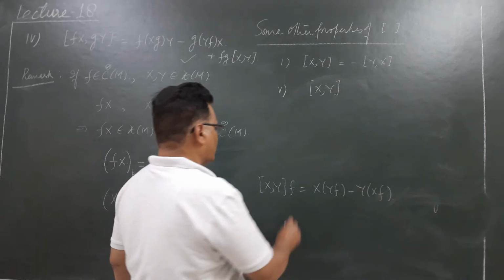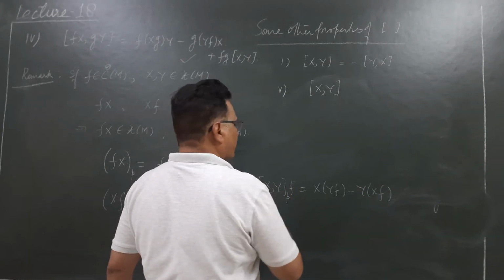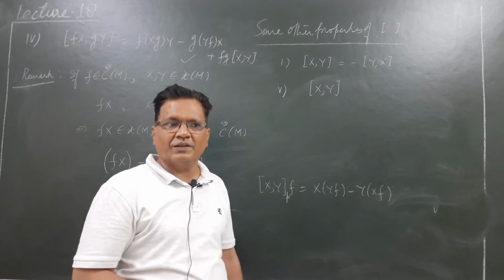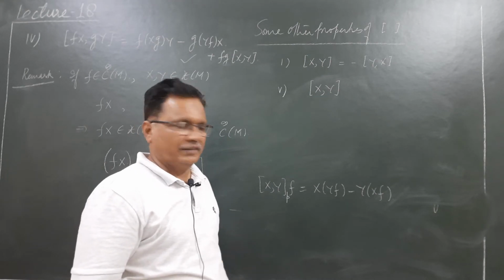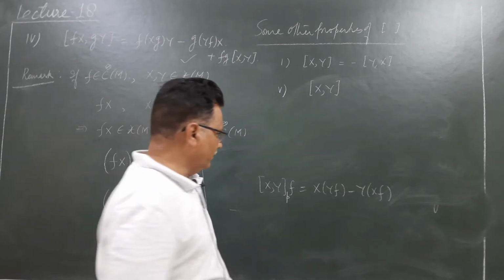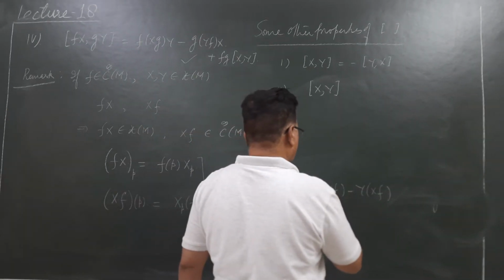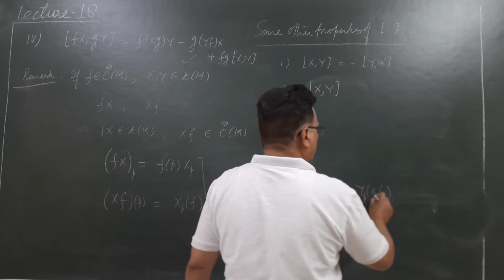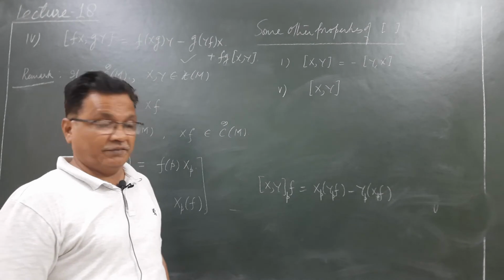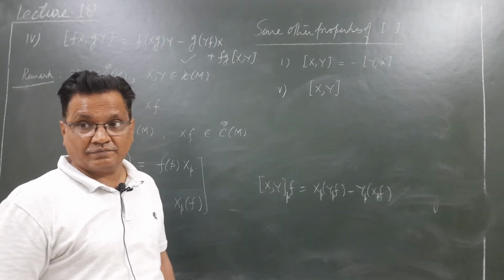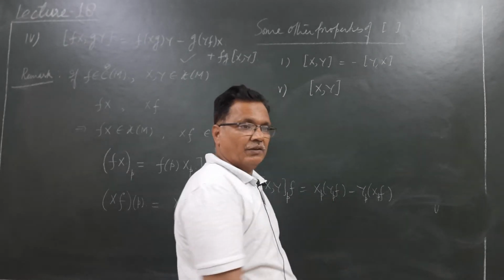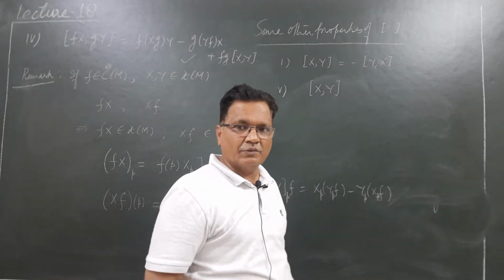If I ask you what will be this at a point P, Lie bracket at a point P will become a tangent vector, and tangent vector operating on a function will give you scalar. अब यह आप हर जगह अगर आपने P लगा दिया, for example I did like this at a point P. Now you see whether it makes sense.